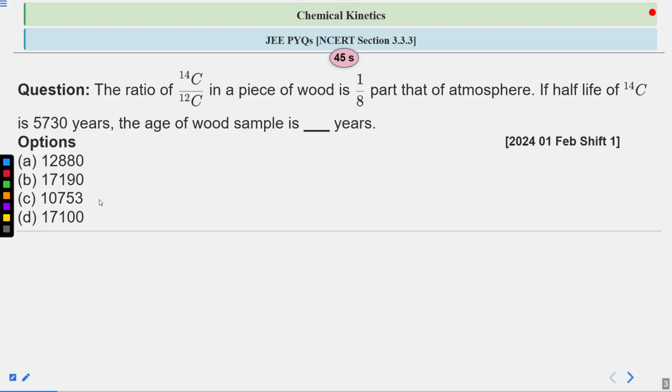If I provide you a hint, you can solve this question using the half-life formula for radioactive elements, which we have covered in the chemical kinetics chapter. Try to solve this and then you will see the correct answer.